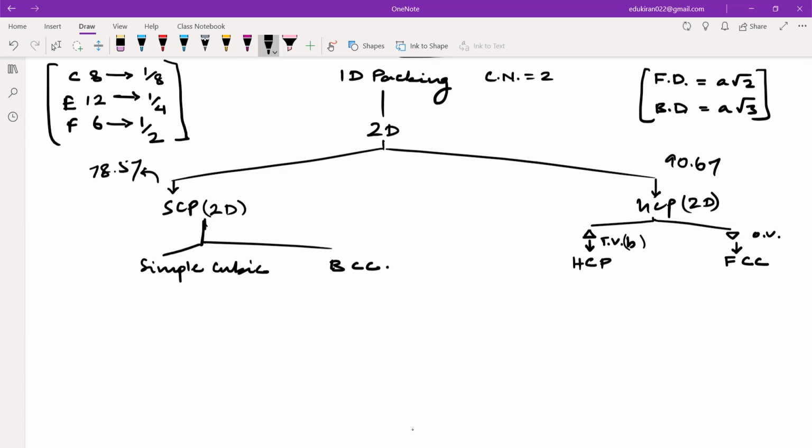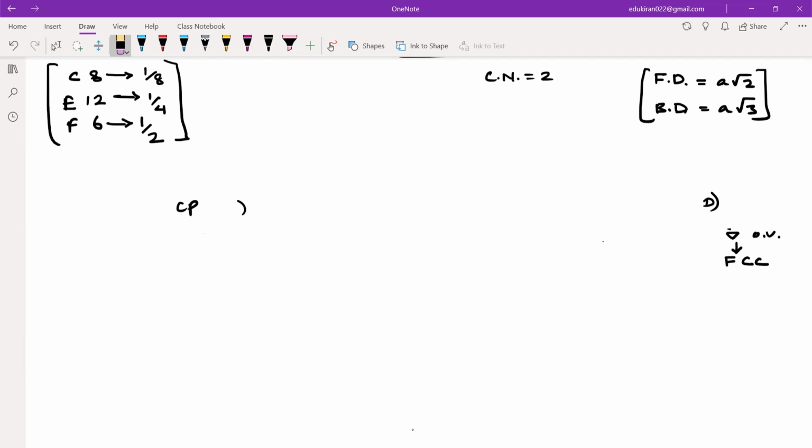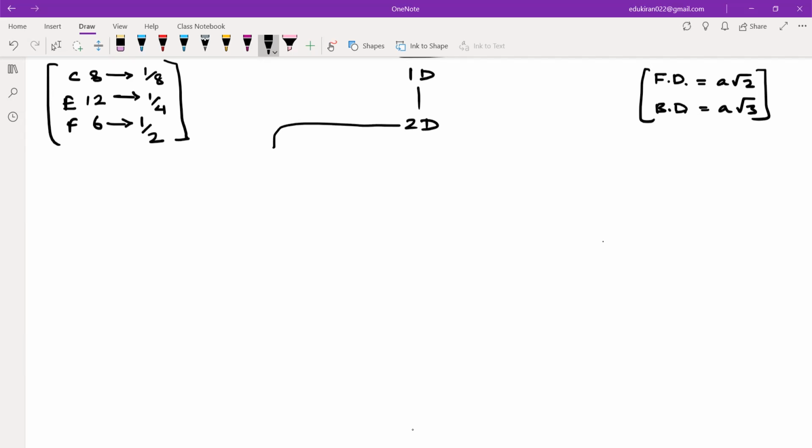Okay. So now for this, I'll be writing the Z and all. Wait a second. Let me draw this once more. We have 1D, then we have 2D, in 2D we have 2 types.